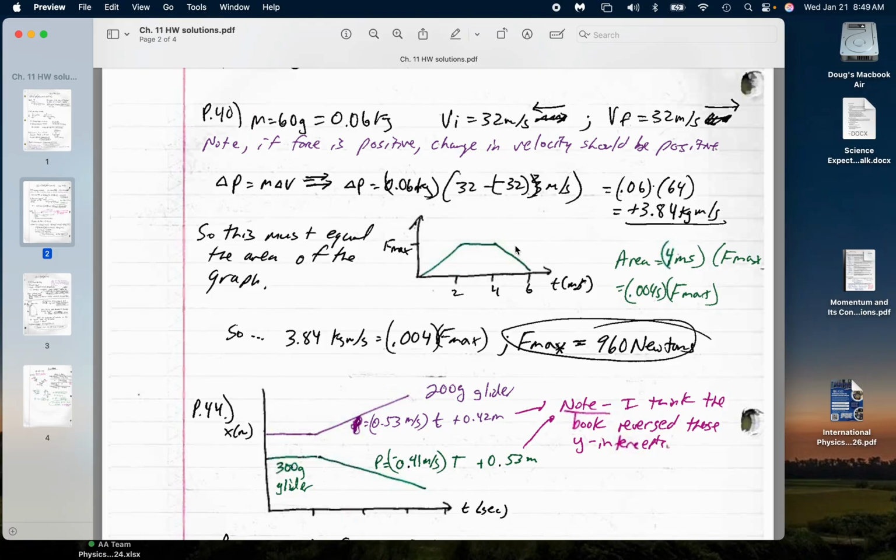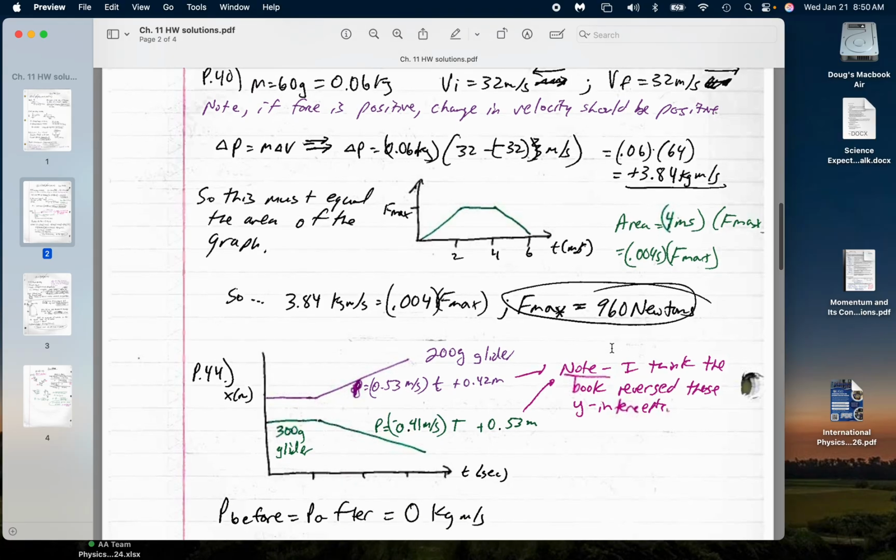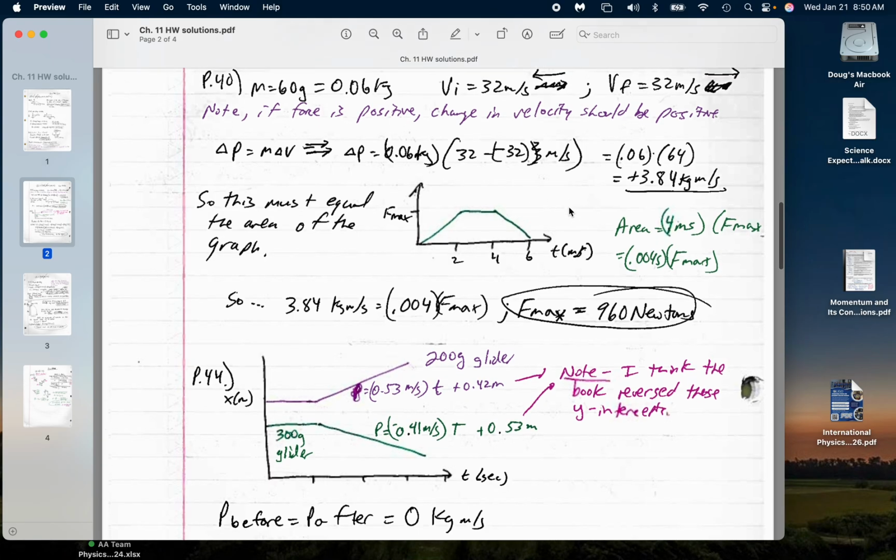Here the area is 1/2. Here it's the full area. So essentially the area of this whole trapezoid is 4 milliseconds times F max, or 0.004 seconds times F max. So now impulse equals 0.004 seconds times F max. That equals 960 newtons. So kind of a little bit of geometry there with figuring out the area of that.